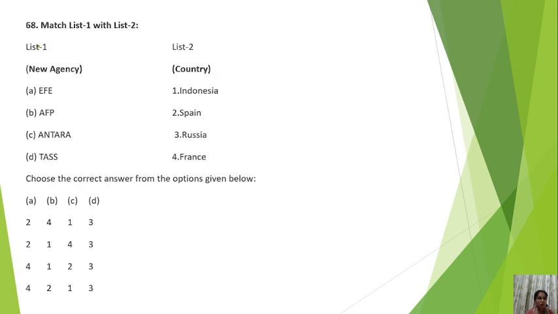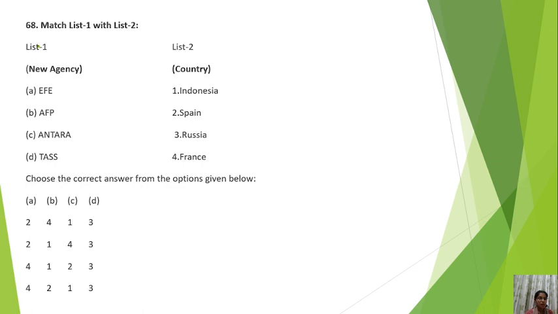Next is match the news agencies with the country. News agencies are very important. 2 to 3 questions are asked every year. So remember all the news agencies and the countries they are associated with. Here we have EFE, AFP, Antara and TASS. If you remember the full forms, you can also reach the right answer. AFP, Agence France Presse, France.